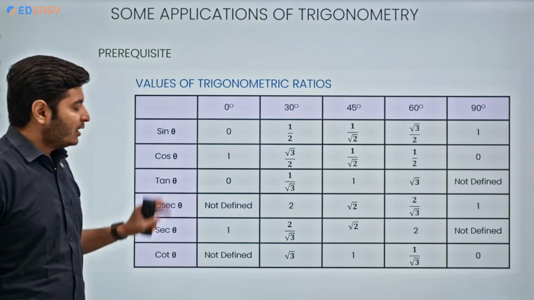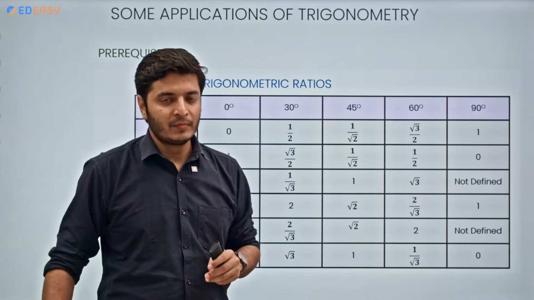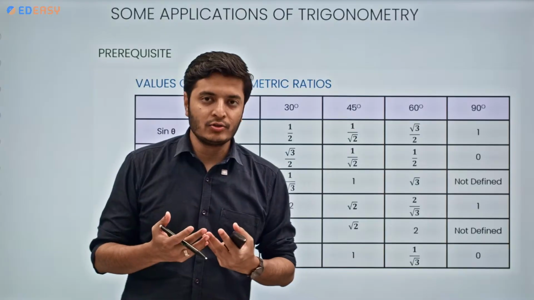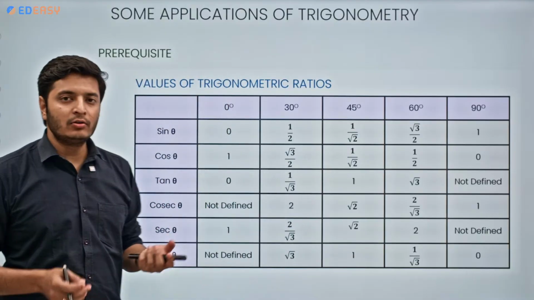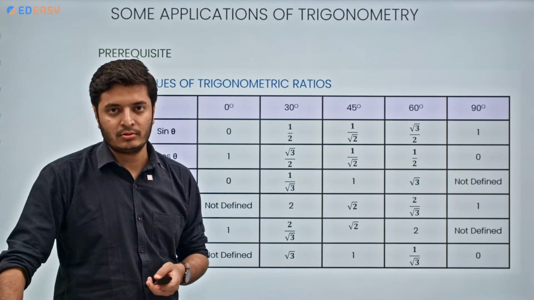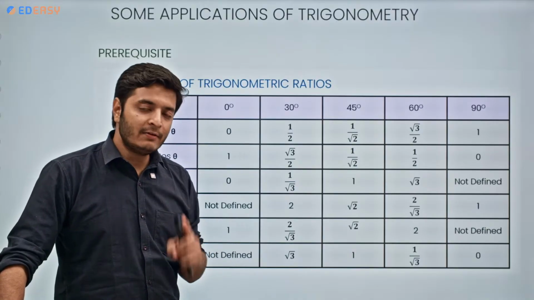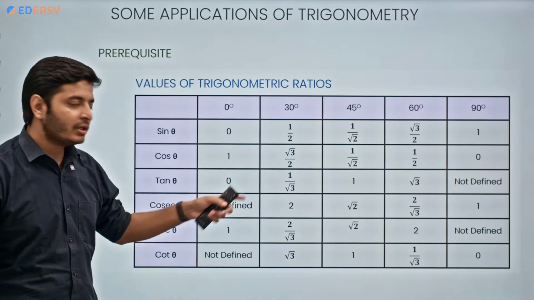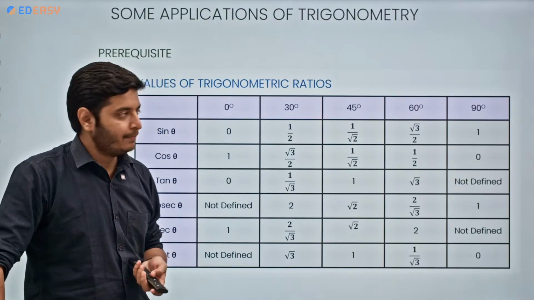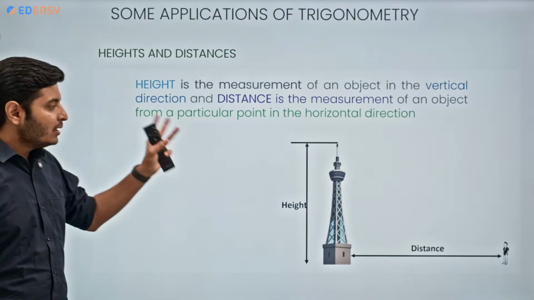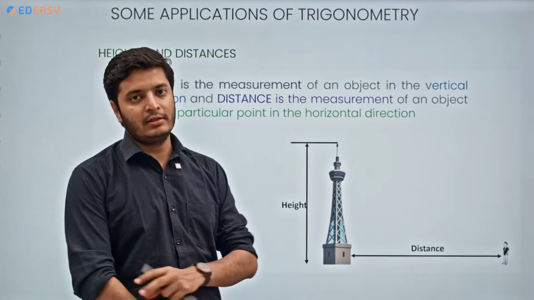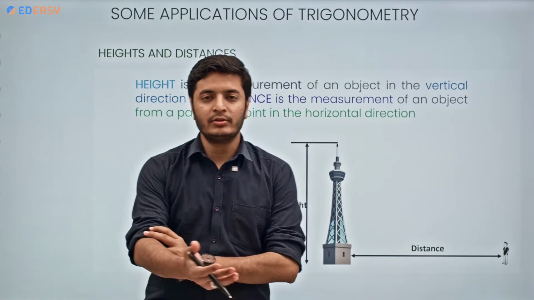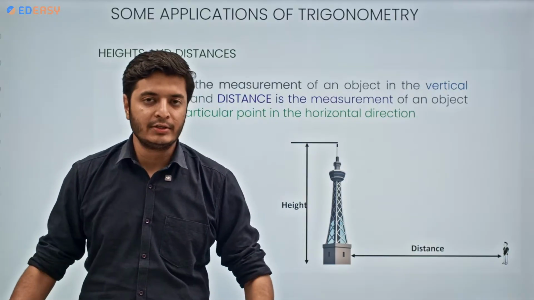Now, after creating this table, you will be very sure of what is the value of which trigonometric ratio at what angle. Even if you are very much aware of the values, you can make sure you are remembering the correct answer. Okay? Now, before jumping into the problems, I will tell you the different terms that we are going to use in this chapter.